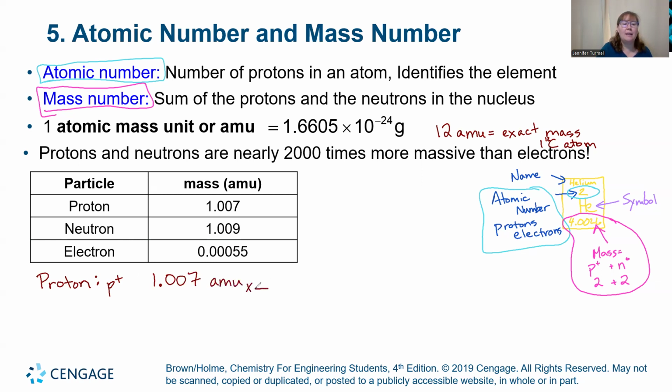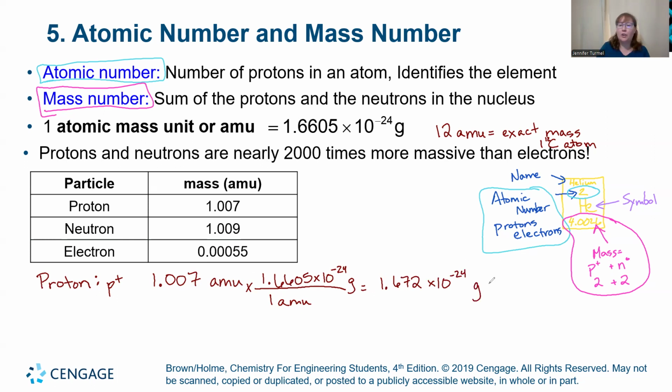Now, to find out the mass of a proton in grams, we would say 1 AMU is equal to this value up here, 1.6605 times 10 to the negative 24th grams. And that means that the mass of a proton, so here you can see we have 4 significant figures, is 1.672 times 10 to the negative 24th grams.